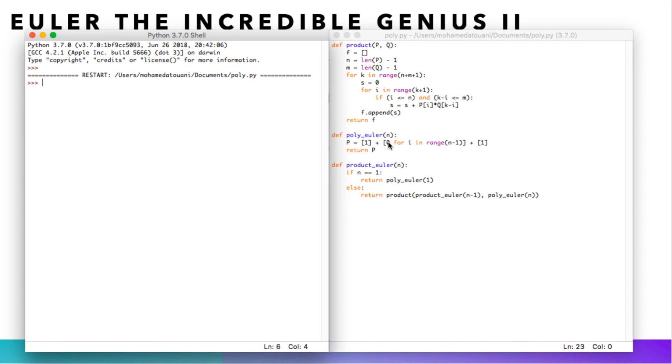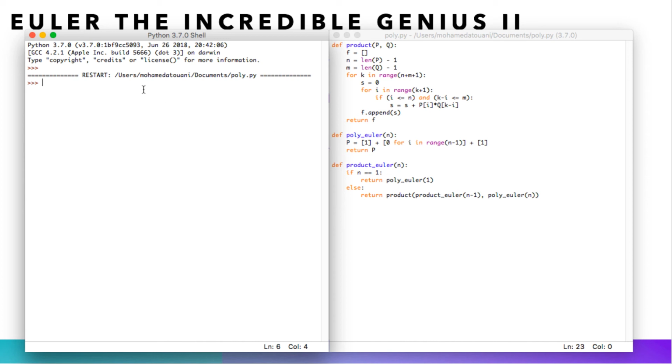Thus, for example, 1 plus x cubed is 1, 0, 0, 1, which means that 1 is the constant, the double zeros are in front of x and x squared, and 1 in front of x cubed. Now, product Euler computes the product of the n first factors of p of x.